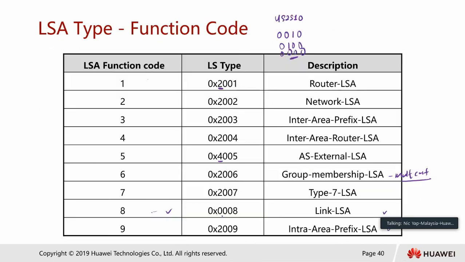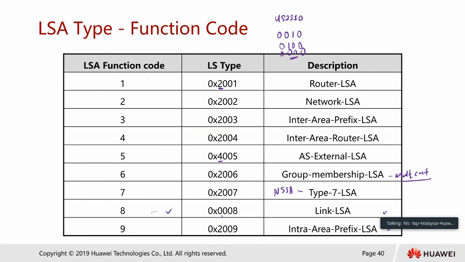For the LSA function codes that we have in OSPFv3, we have LSA 1 to 9: router LSA, network LSA, inter-area prefix, inter-area routers, AS external, group membership, type 7, which is considered as an NSSA, link LSA and the intra-area prefix LSA. For all these LSAs, later we're going to go through them one by one to describe the differences.